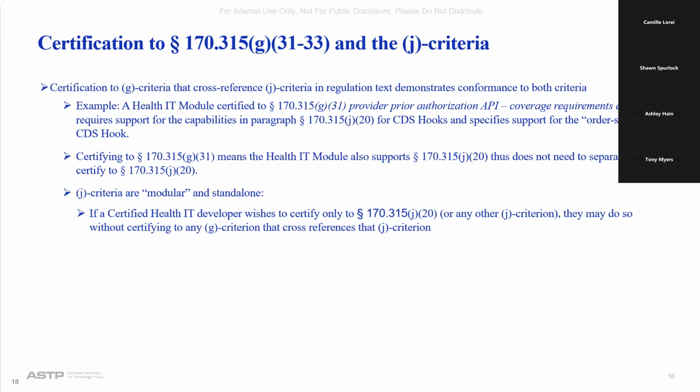But we want to clarify that when a developer gets certified to G31, and as a function of that is supporting J20, they don't need to separately certify to J20. We had some questions in previous presentations that were confused by that, worried by that. And I want to make sure that folks truly understand at this point: you're able to get certified to the G criterion and then more or less get credit for the J criterion. All right. Next.